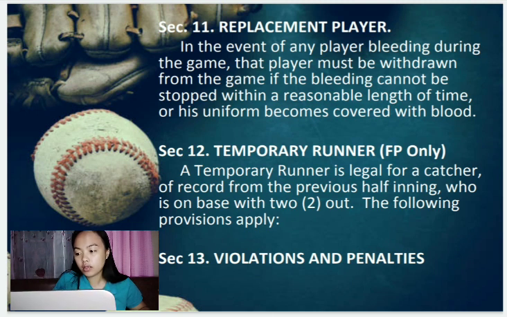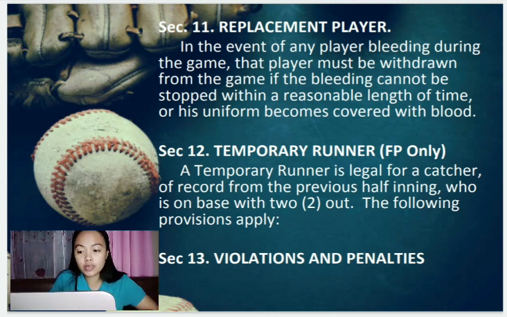Next is Section 12, the temporary runner. It is for the pitcher and catcher only. A temporary runner is legal for a catcher who is on base with 2 out. The following provisions apply. First, it is optional for the offensive team manager.